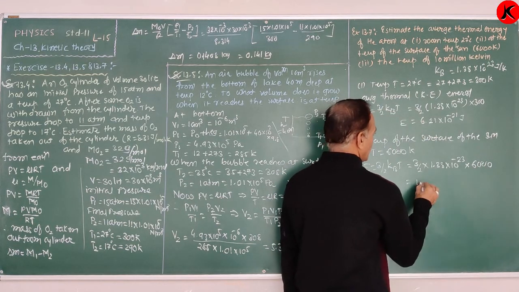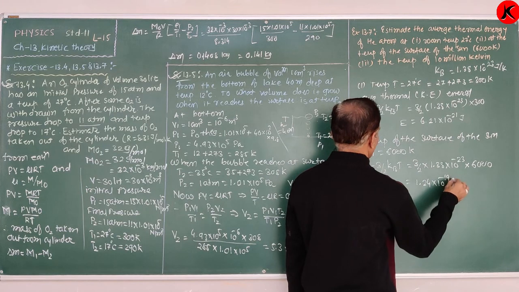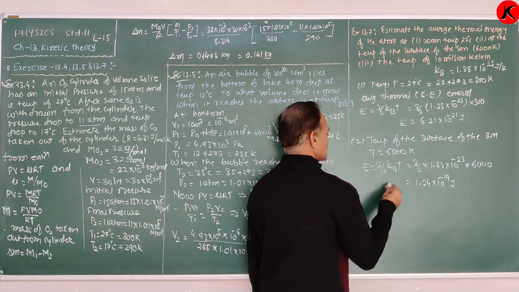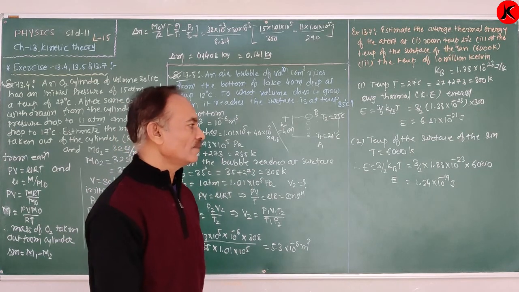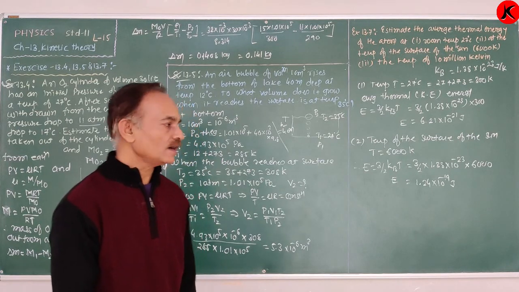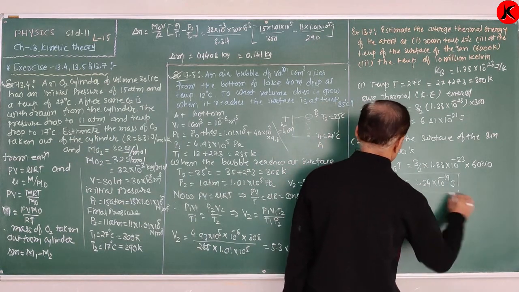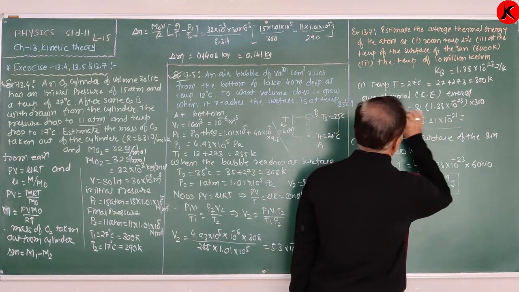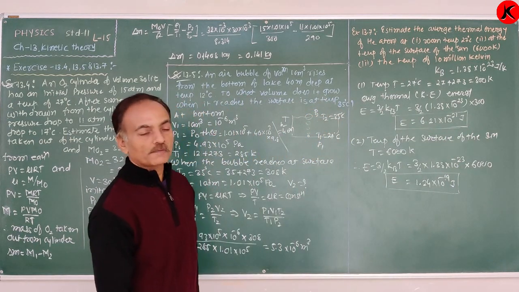So 1.24 into 10 to the power minus 19 joule. That is the average thermal energy of the helium atom on the surface of the sun. Here we only have to substitute different values of temperature.